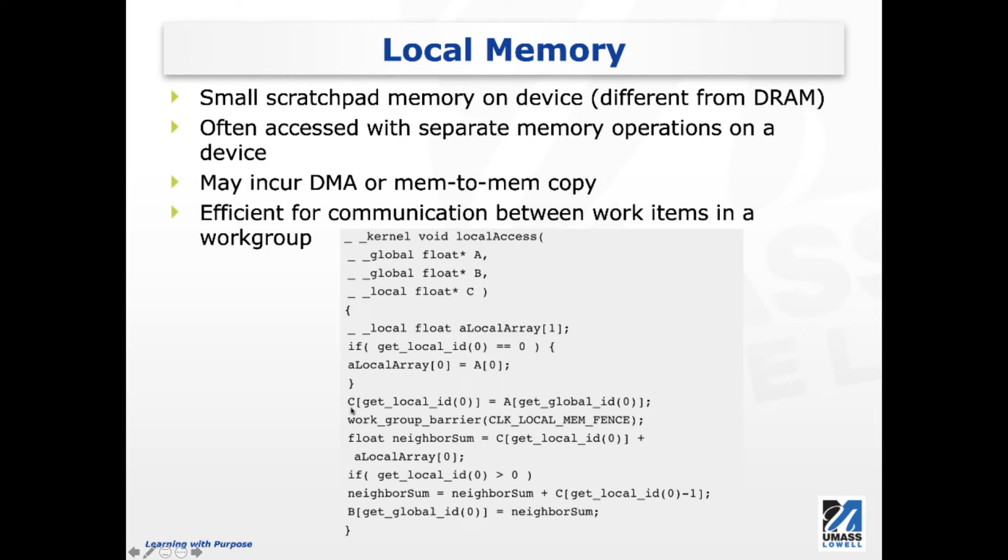And note here, the C is the variable that's allocated in the local memory space. And then we have a workgroup barrier instruction. We use local memory fence as the argument.